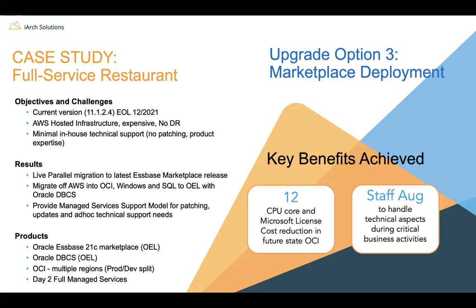Also, because they didn't have any in-house tech support, we were able to sign them on for Day 2 services. So we now handle a lot of their technical aspects. So those are probably three examples of the three options, Alex, for upgrading.